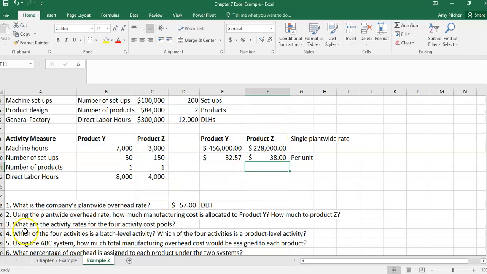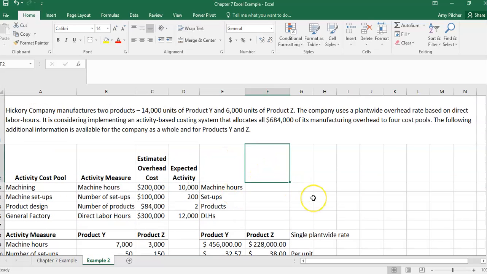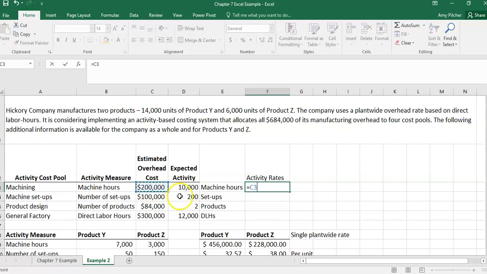Number 3 says, what are the activity rates for the 4 activity cost pools that we have? So we take the cost of each activity divided by the amount of the expected activity. For machining, we get a rate of $20 per machine hour.